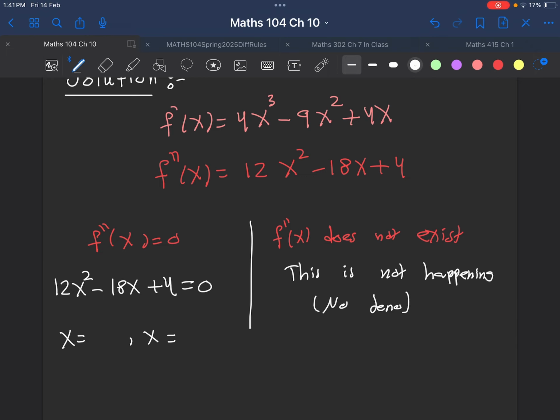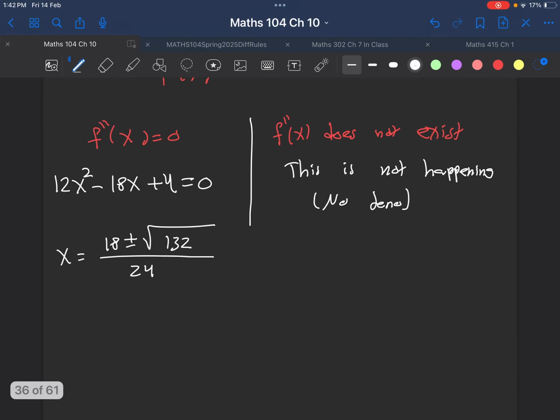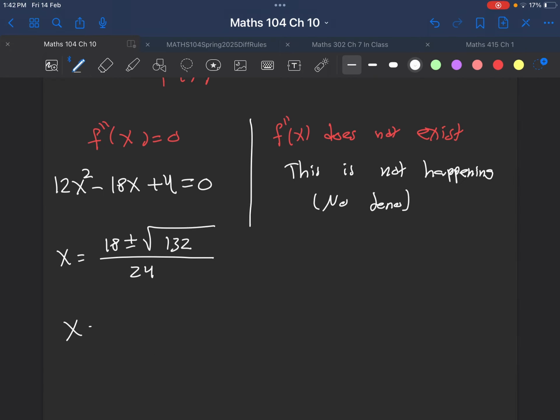here we will get 4 times 4 times. If we do it with the quadratic formula, we will get two numbers for x. It will be 18 plus minus square root of 132 divided by 24.